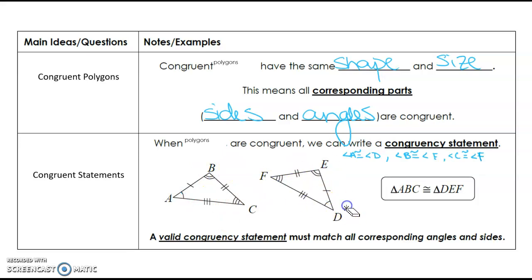These little tick marks on the sides tell us that those sides are congruent as well. So we know that side length AB is congruent to DE, and BC is congruent to EF, and AC is congruent to DF. A valid congruency statement must match all corresponding angles and sides.